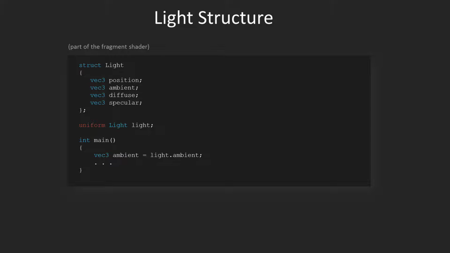Then from our application, we're going to set the various fields of the light variable, and it'll get passed to the shader via this uniform. Just like in C, there's another way to write the variable here, so you can make the whole structure a uniform and declare a variable.